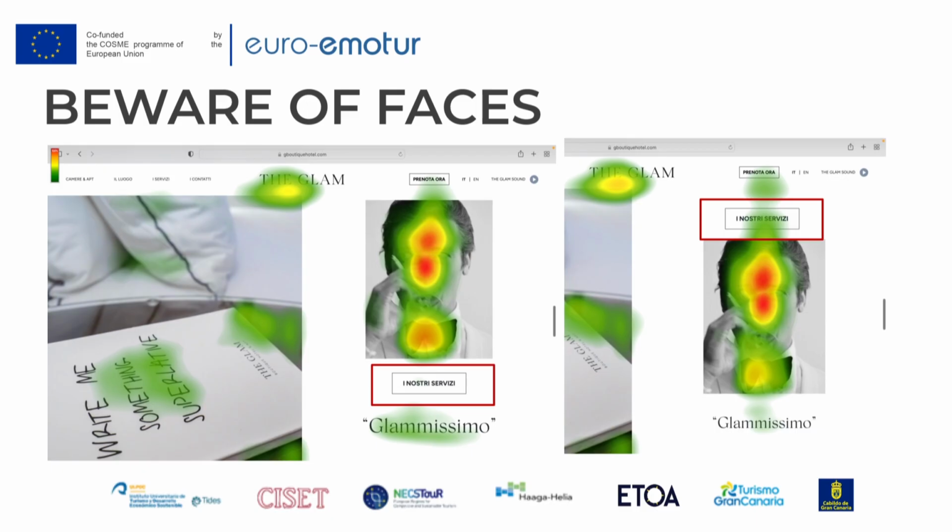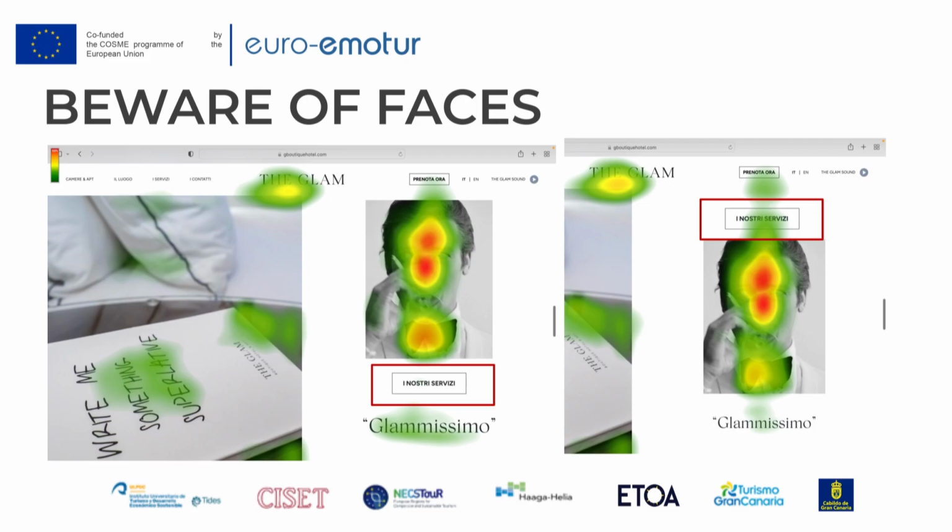Another textbook case, in a way. Here we found a picture of a person, and the person is looking up. Again, you see on the left the website as it was.